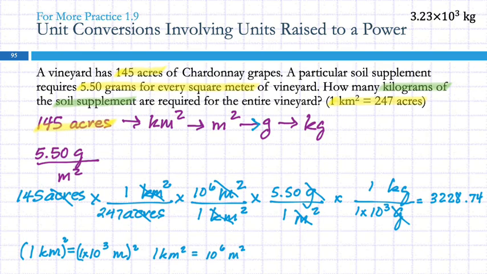How many sig figs? 3. So the first number that we started with, that was 3. And I'll give you a hint. Most of the time, your answer is going to have the same number of sig figs as the number you started with. But not always. But, you know, if you're just like, I can't sig fig today, just go with that.